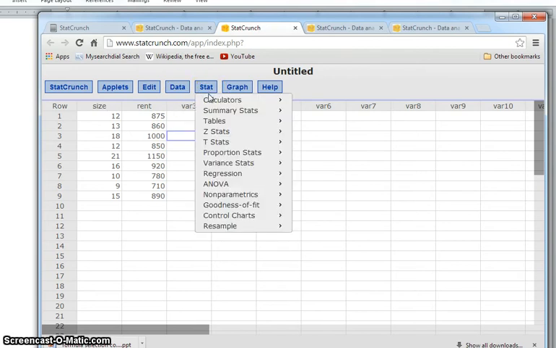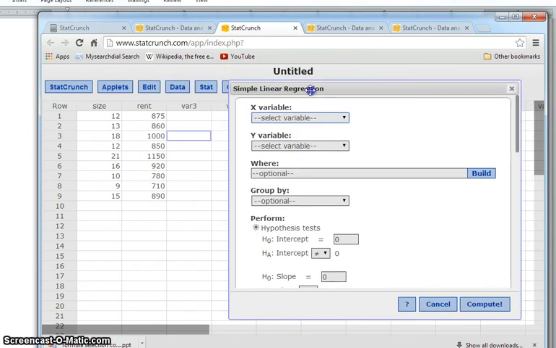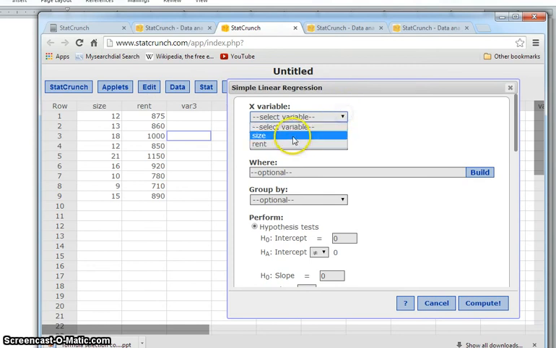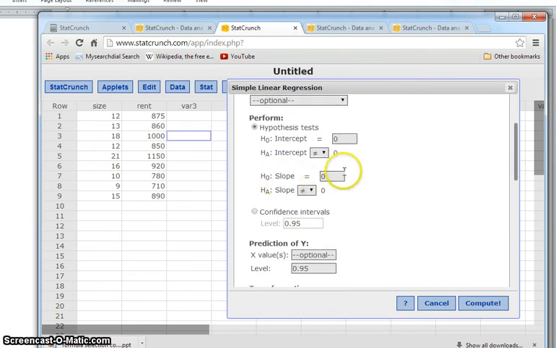So everything we need to do, just like we said before, is under regression, simple linear. Our X variable is the size of the house. The Y variable is the rent. We're doing a hypothesis test for the slope equals 0 versus not equals 0.